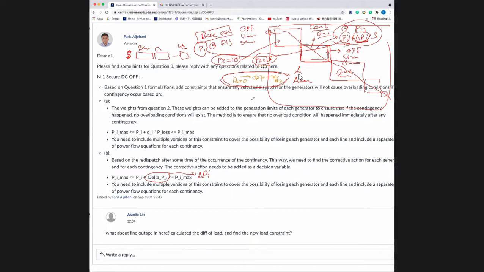So we do it step-by-step, and then we can have a different value of the G2 here, and then we choose the maximum and put it in the constraint and do the OPF again, right? Yes. So you need to have multiple OPFs first to find these values, and then have one final OPF that uses the maximum.